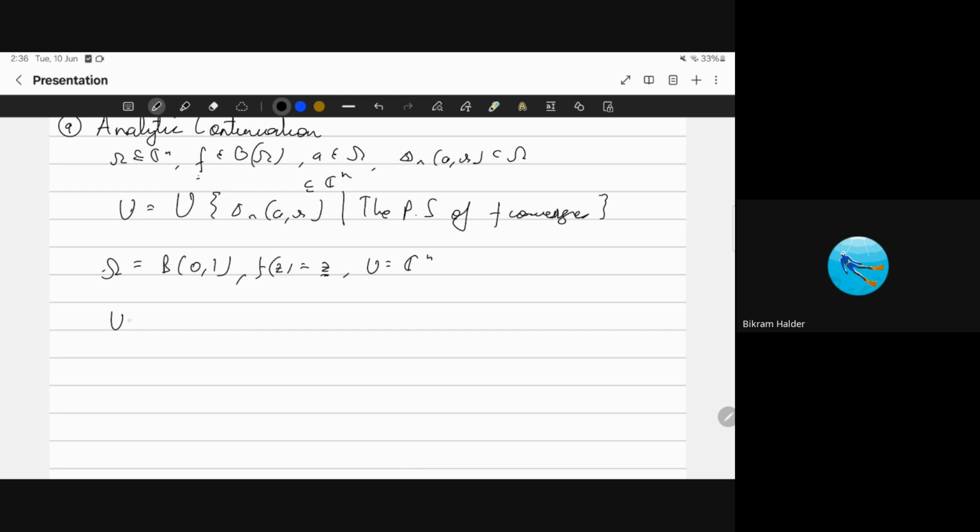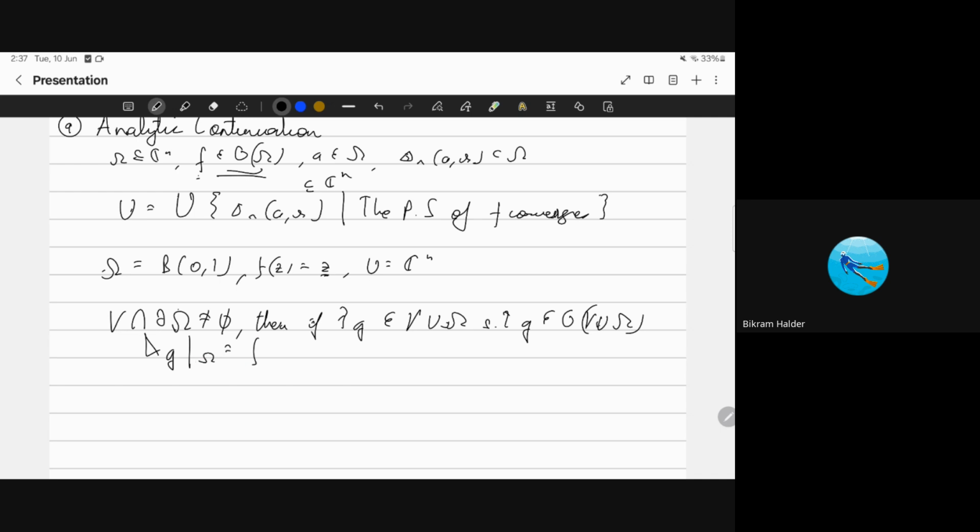In particular, this is what we are interested in: if f is holomorphic on omega, and V is some open subset such that V intersection the boundary of omega is non-empty, and there exists g defined on V union omega such that g is holomorphic on V union omega and g restricted to omega is equal to f, then g is said to be the analytic continuation of f.